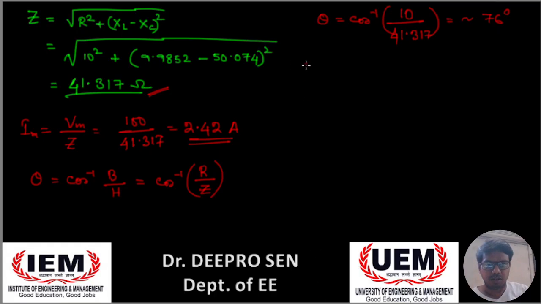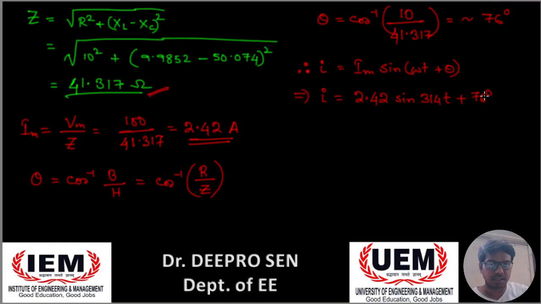So the value of I, the instantaneous current, which is in the format of Im sine omega t plus theta, is given by I equal to 2.42 sine of 314 t plus 76 degrees.